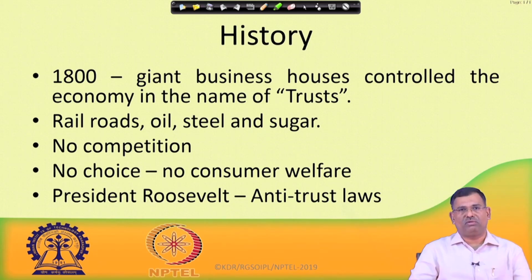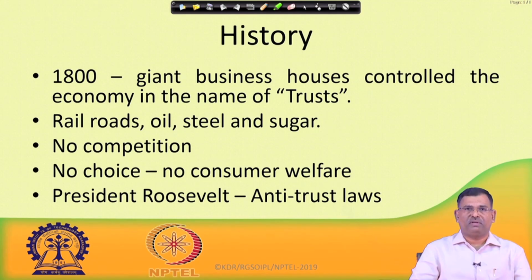They controlled important businesses like railroads, oil, steel and sugar. These companies had monopolies over these businesses, with no competition in the market and nowhere to go, no choice, and the consumers had to avail their services without any competition.